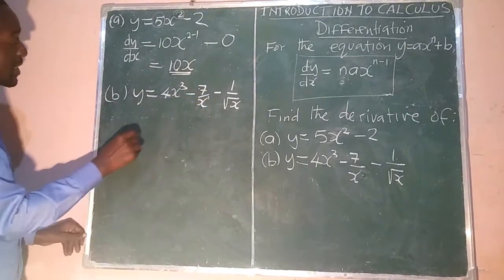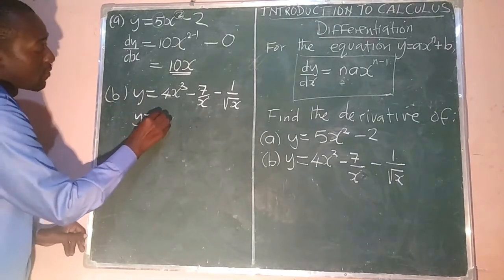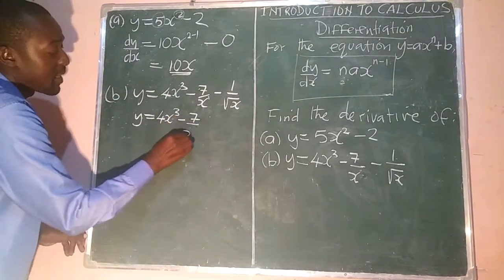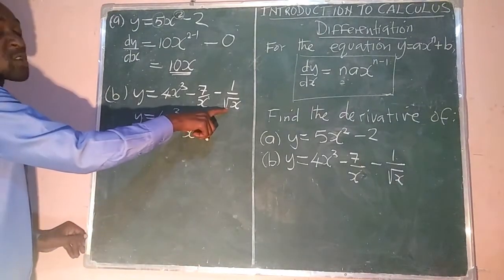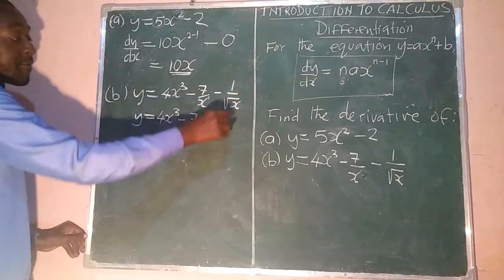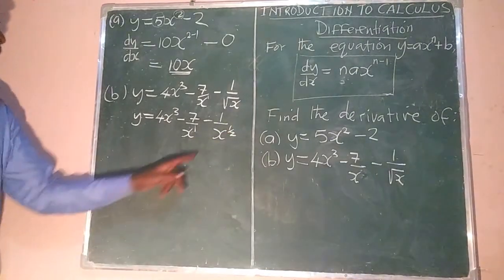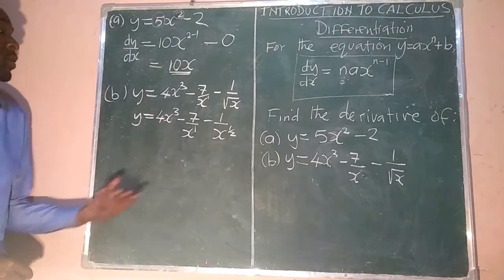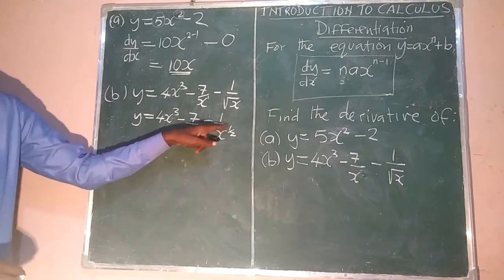So this equation is y is equal to 4x cubed minus 7 over x to the power 1 minus, and when you have a square root, you can write it as an index with a power of half. So this is going to be 1 over x to the power half. The half here is the power on the x. After reaching this stage, you have to rewrite this with negative powers.